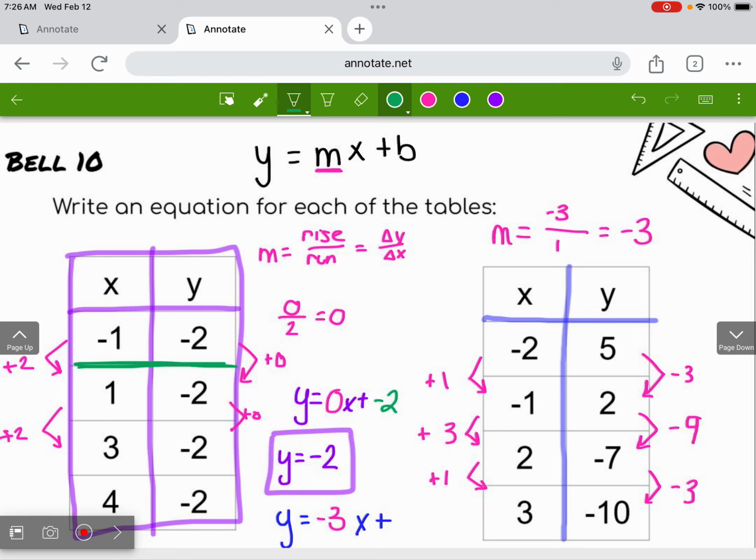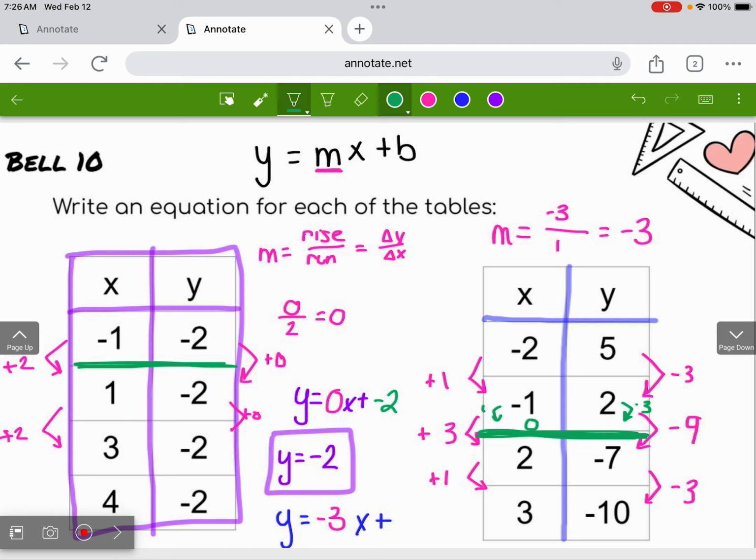When x is 0. So x is going to be 0 somewhere in here. Can we figure out what our y value is for that 0? If x is 0, what's our y going to be? Because when we go up a step of 1, we go down how many over here?